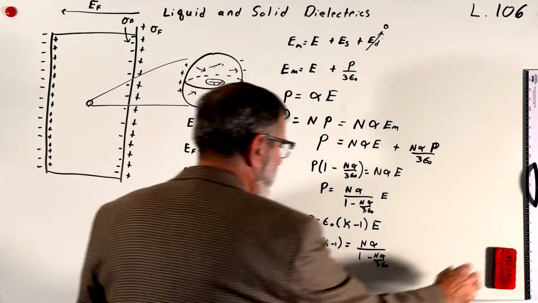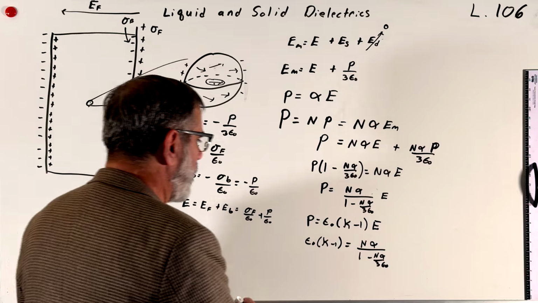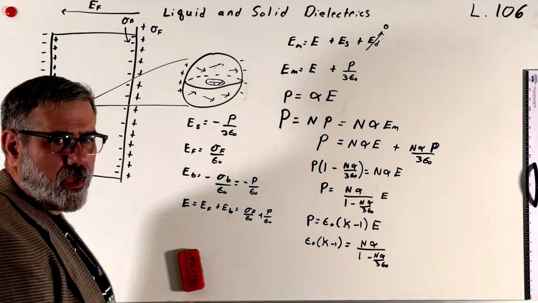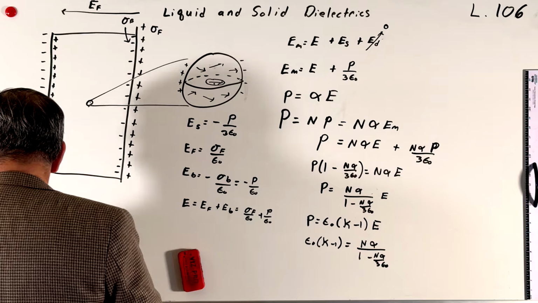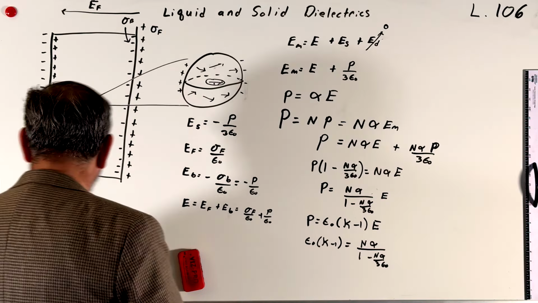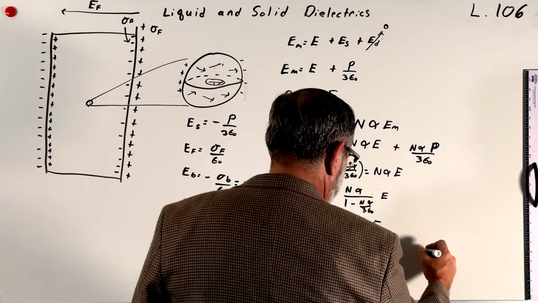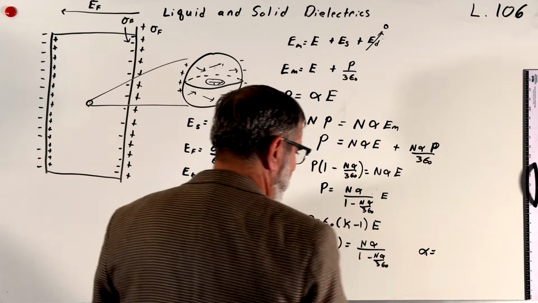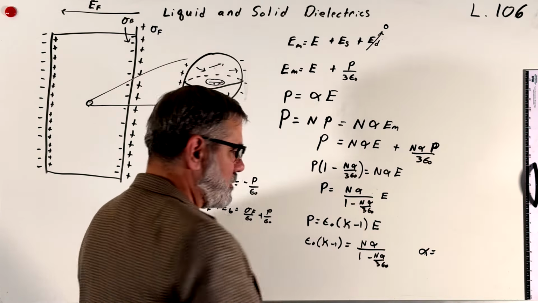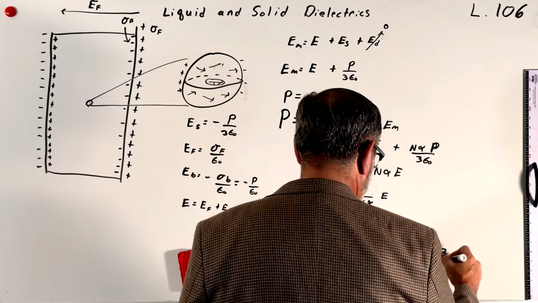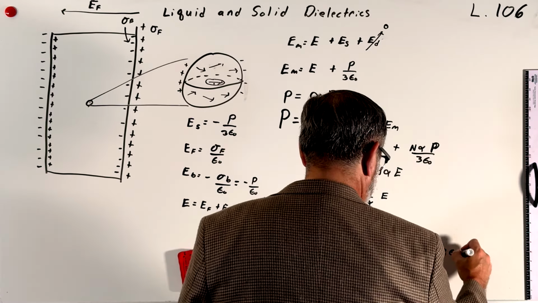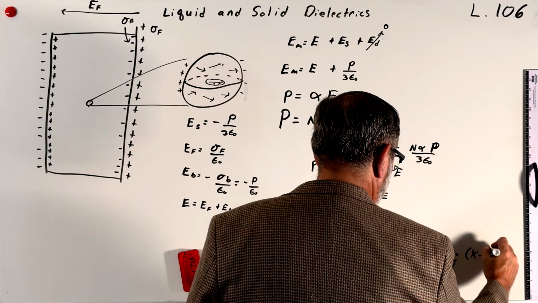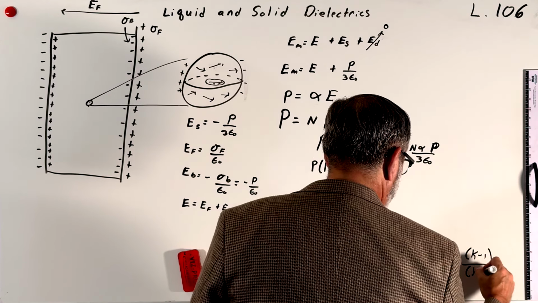There's an alternative form that you can write this in, and I ask you to do it in the homework. It's not that hard to do. It's just a bit of algebra. You're going to solve for alpha, and you'll get that alpha, the molecular polarizability, is equal to 3 epsilon naught over N times (kappa minus 1) over (kappa plus 2).